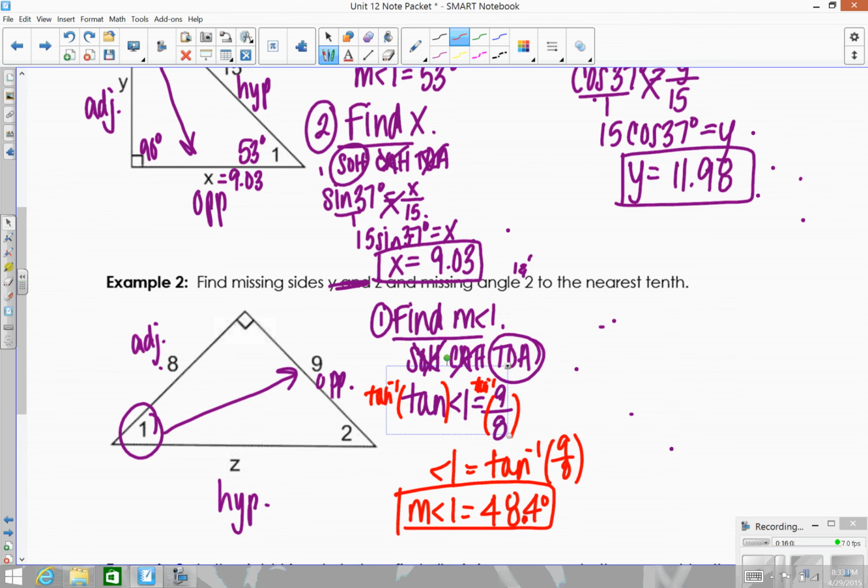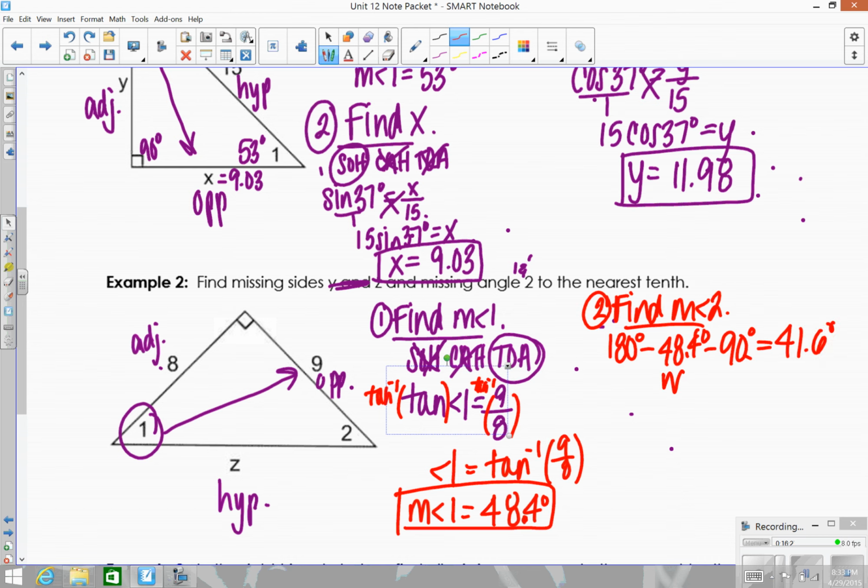And then from here, if you want to find the measure of angle 2 and you don't want to have to relabel everything and use trig, the shortcut would be to do 180 minus each angle, 48.4 degrees minus 90 degrees, and you end up with 41.6 degrees.